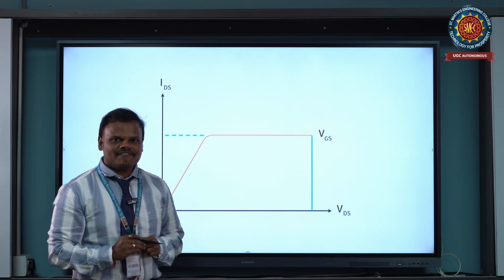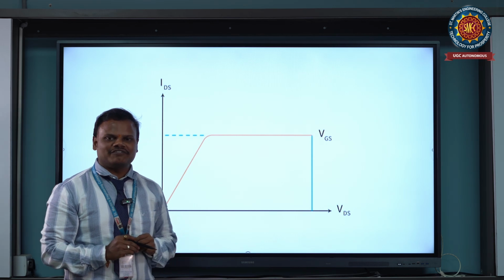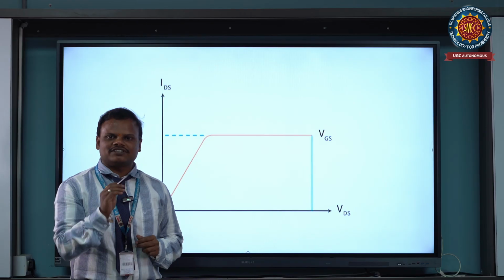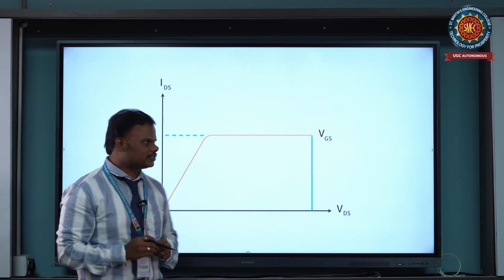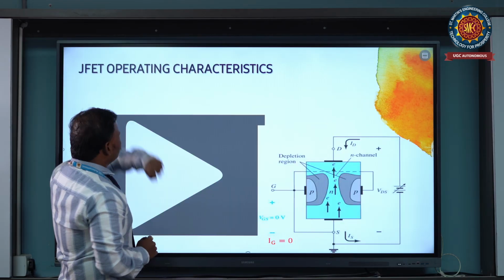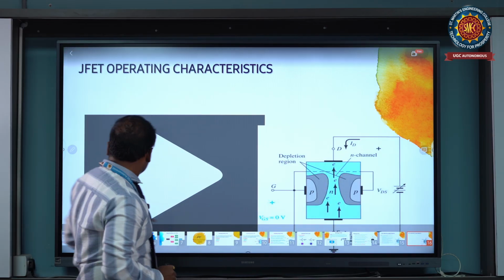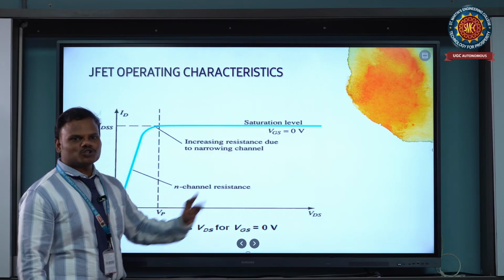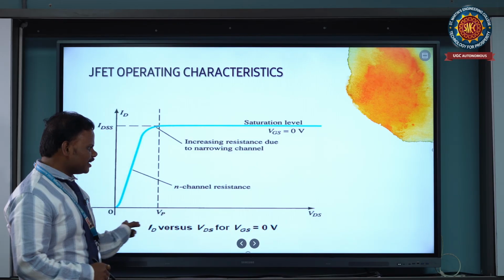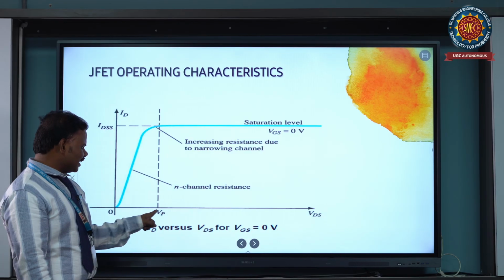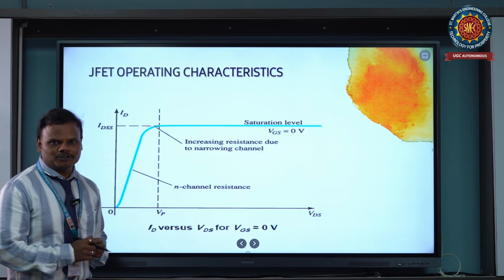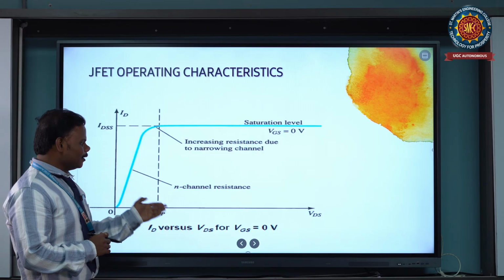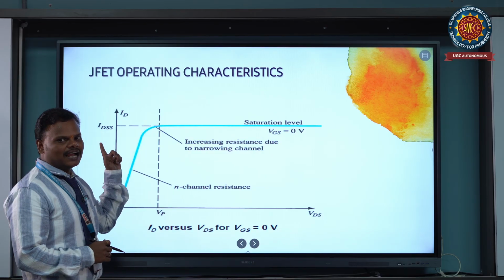So this is the first case. In the first case, I am applying VGS as 0, whereas VDS is a positive voltage, greater than 0 volts. Coming to the second one, this is the actual conclusion for the first case. When we increase the VDS voltage up to the VP value, that is the pinch off voltage, it maintains proportionality between the voltage and output current.